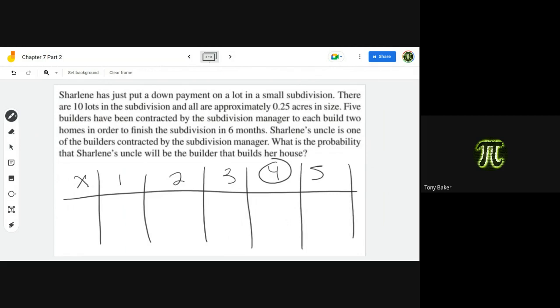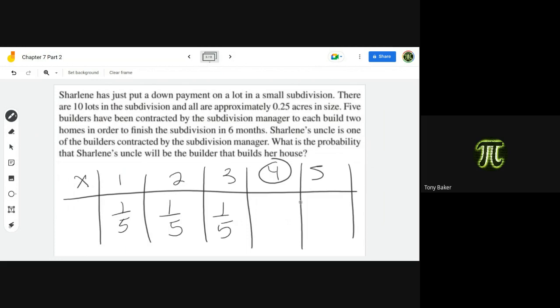So first off, how many lots are there? 10. How many is each one doing? 2. So it's 2 out of 10, which is, what's the reduced fraction of 2 out of 10? 1/5.